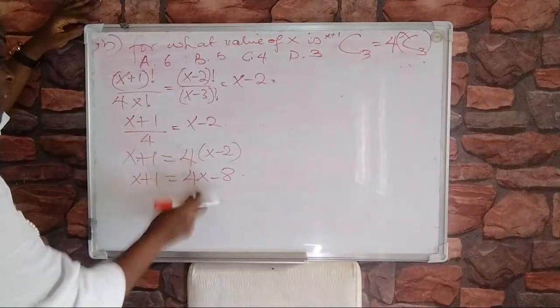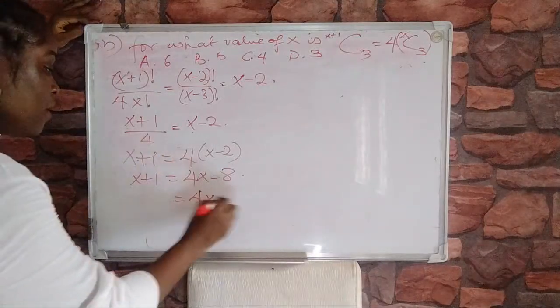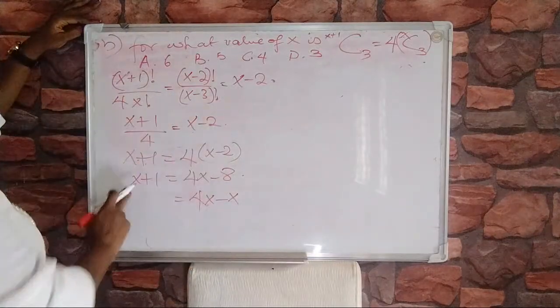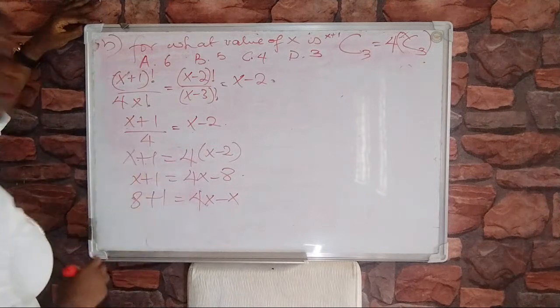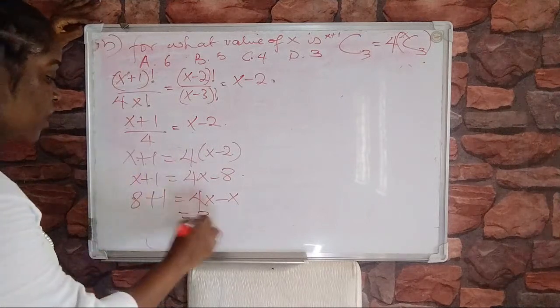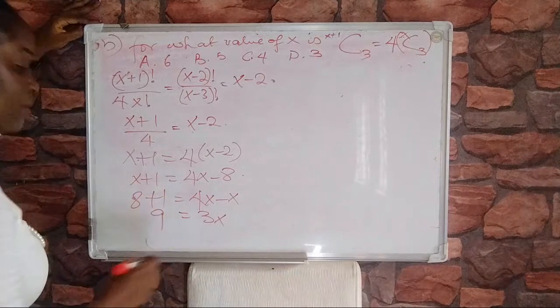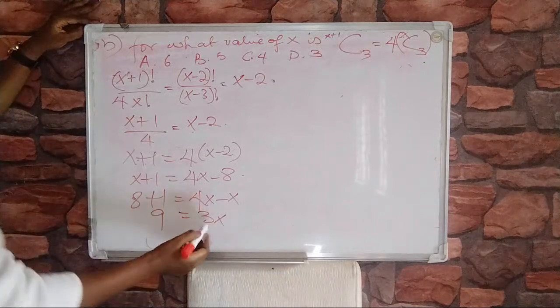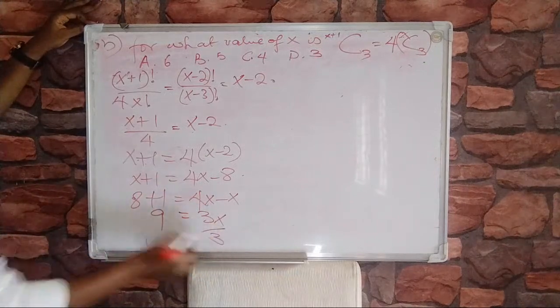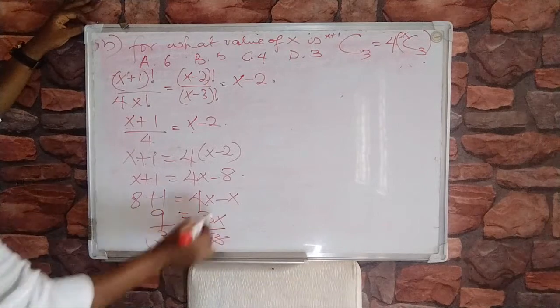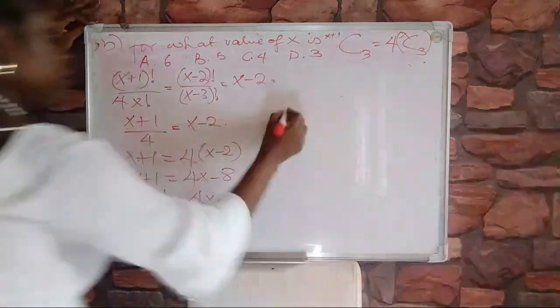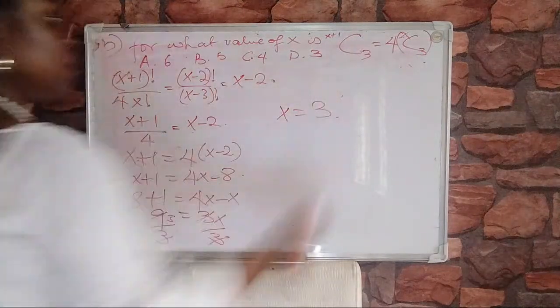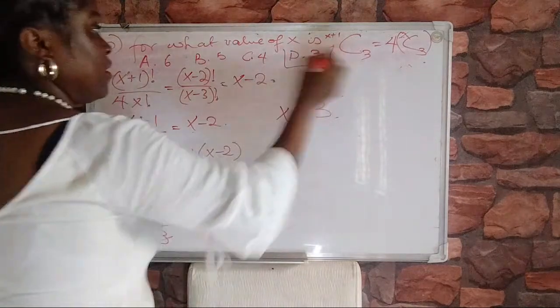So if I move this x here, we'll have 4x minus x. If I move minus 8 this way, I'll have 8 plus 1. Okay? So this is 3x and this is 9. If I divide both sides by 3, what do I have? x is equal to 3. Therefore, our answer is D.